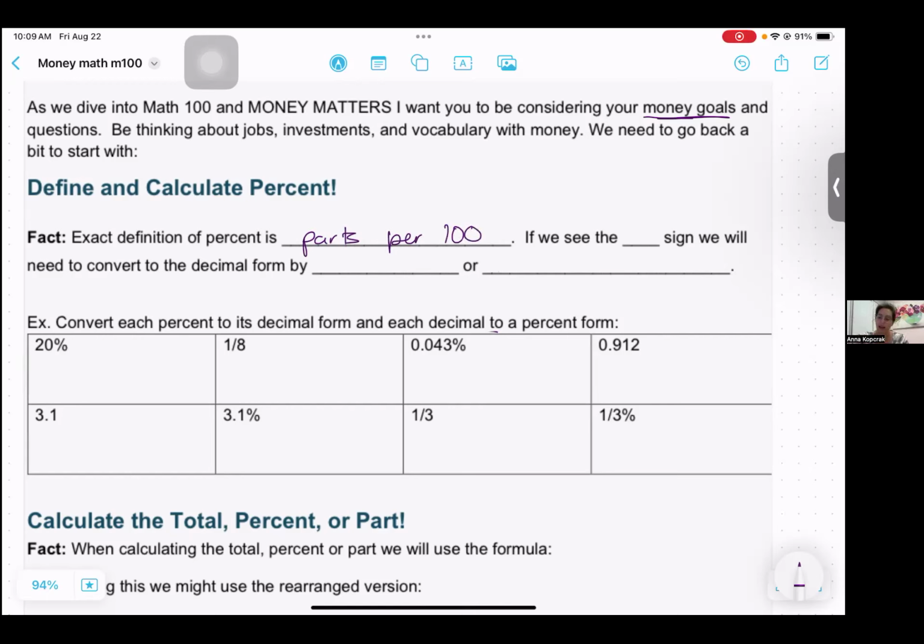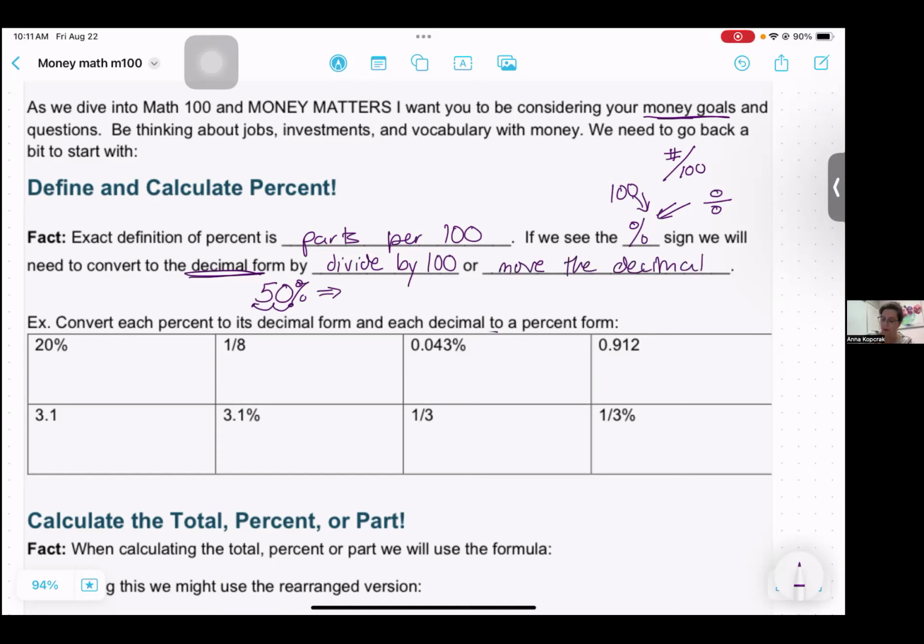Or one of the tricks you may have noticed is that if we divide by 100, I can take that decimal and move it two places to the left. Move the decimal twice, just two spots, twice left.